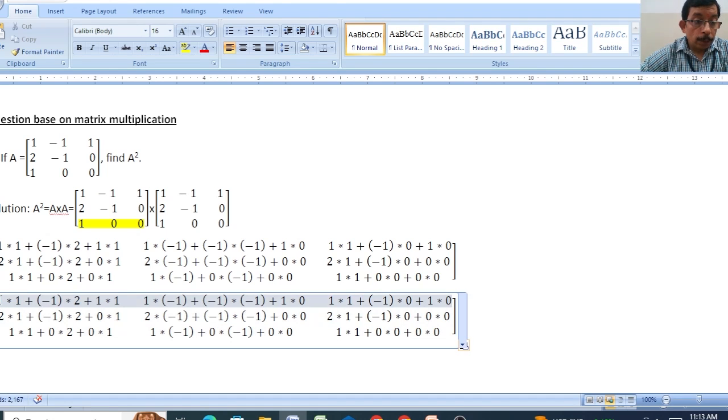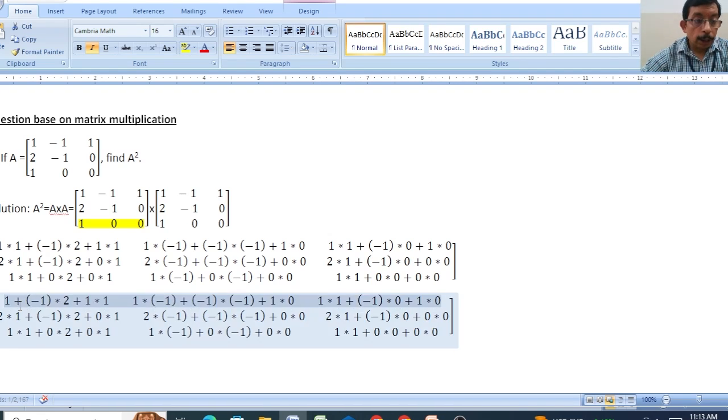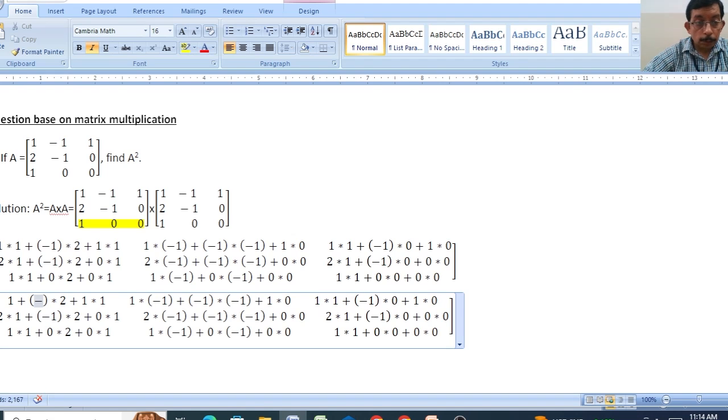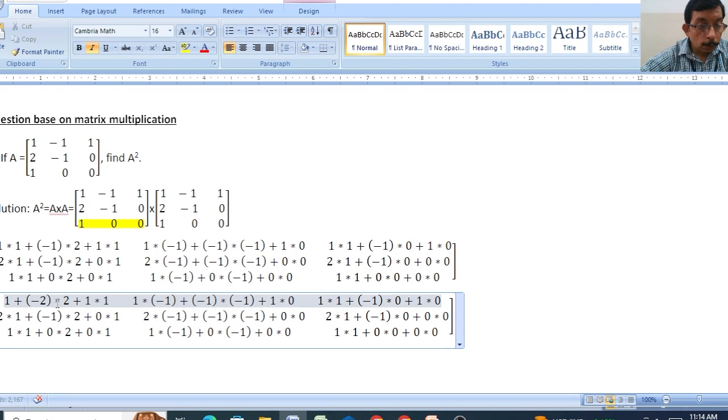Now multiply 1 by 1, we get 1. Note down 1 in the same position. Minus 1 multiplied by 2, the answer is minus 2. Note down in the same position. 1 multiplied by 1, we get 1.